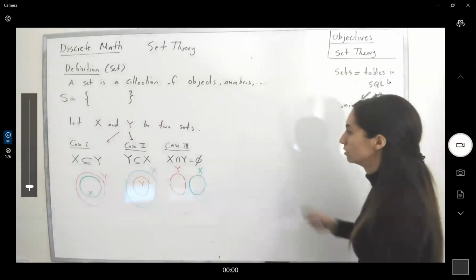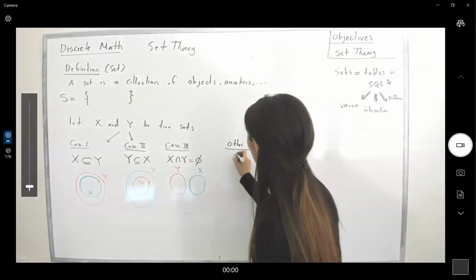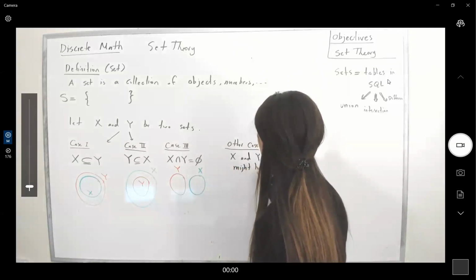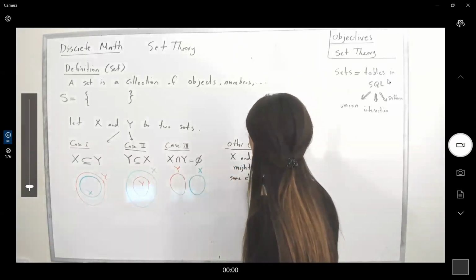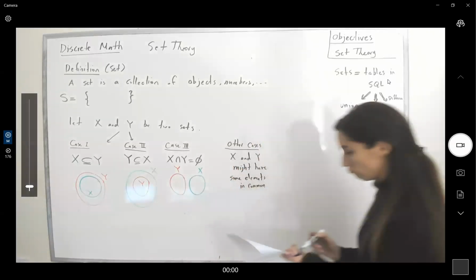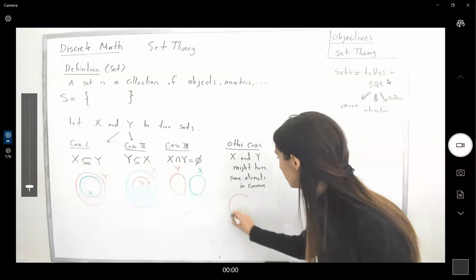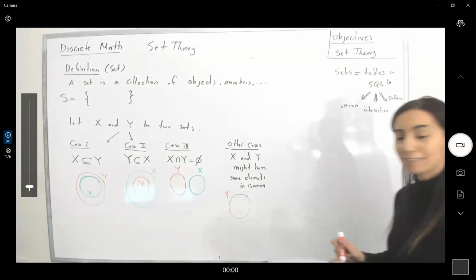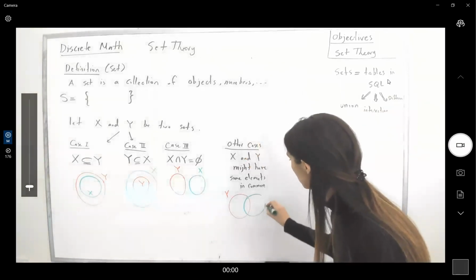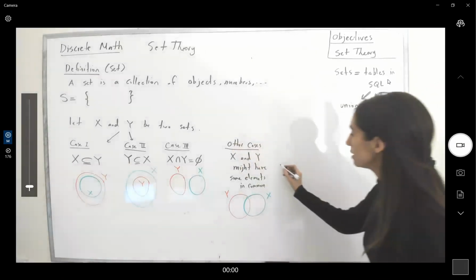So we can add more cases. X and Y might have some elements in common. So the intersection might not be empty. You have your Y, and when you take the intersection between X and Y, there are some elements in common between them. So you can write X intersection with Y is non-empty.